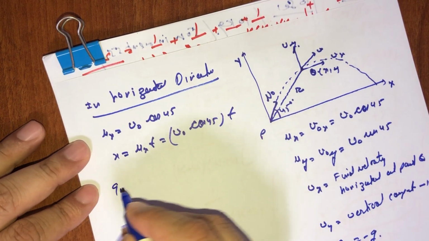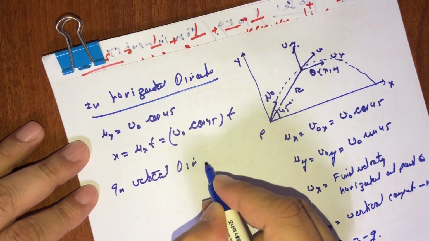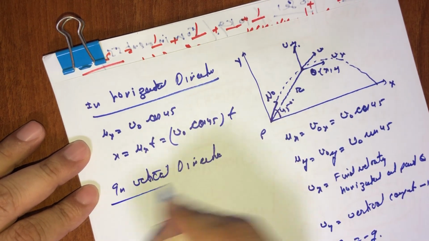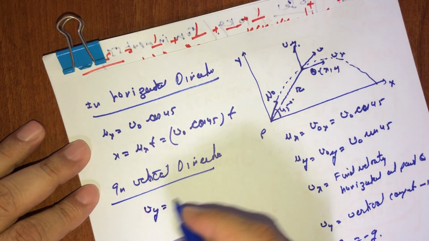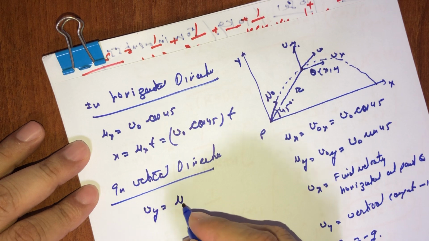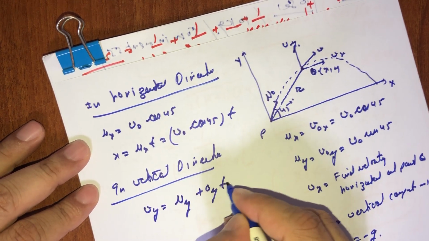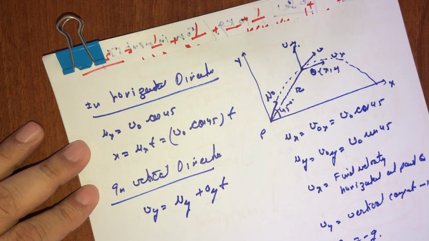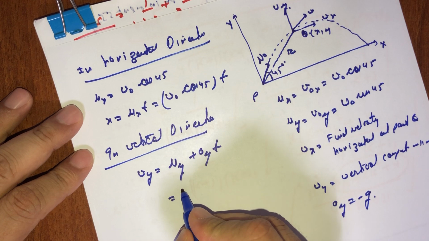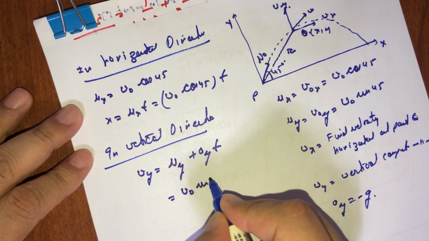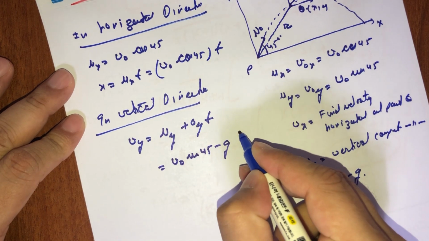Now in vertical direction, Vy is equal to uy plus ay t. So uy is v0 sine 45, ay is minus g, multiplied by t.